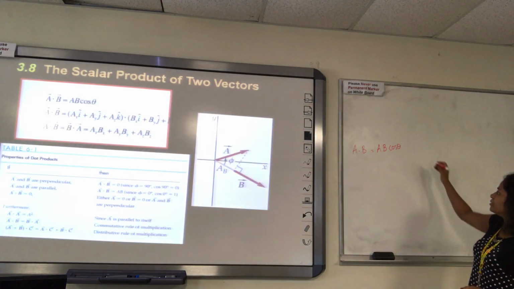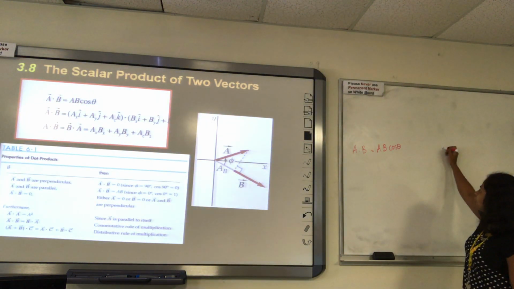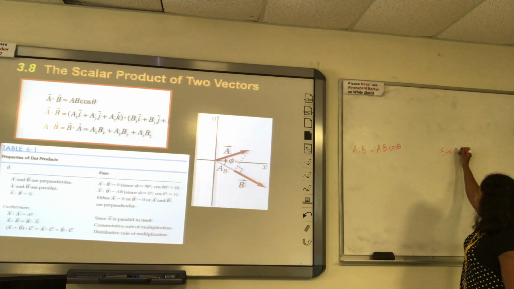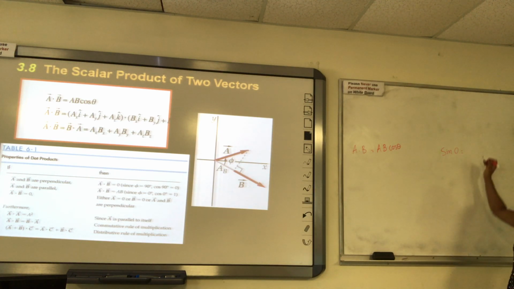So how many of you know what sine 0 is? Sine 0 is 0, okay? Cosine 0 is? And sine 90? And 30 degrees. And cosine 90 is?